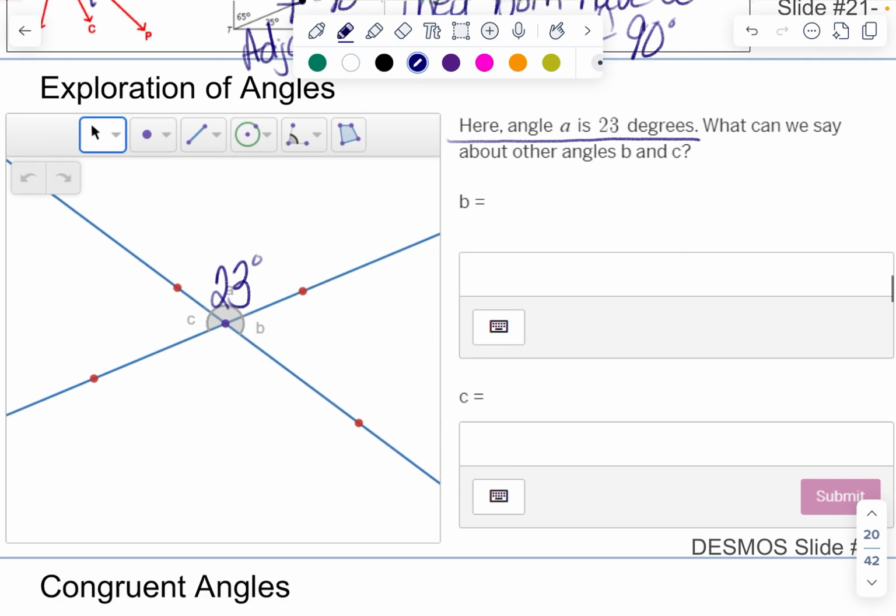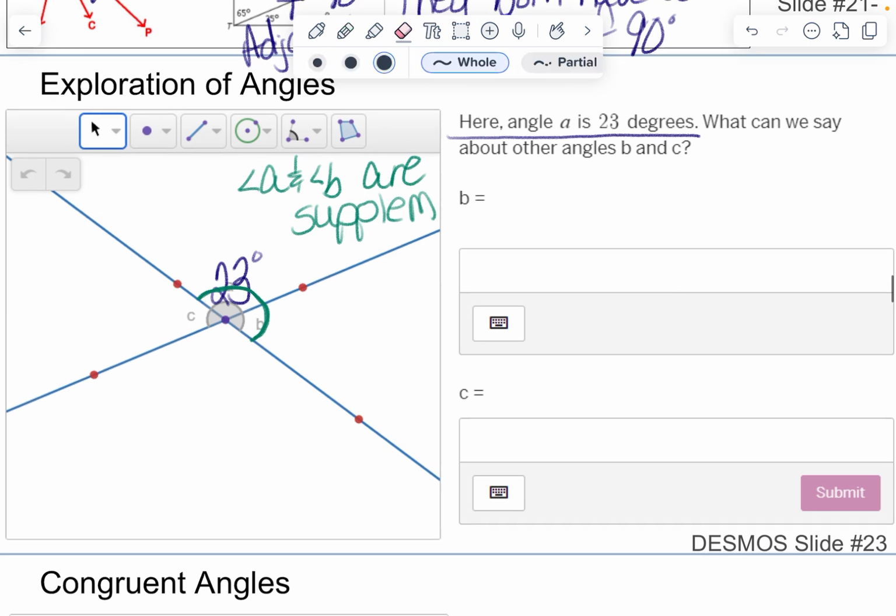First thing we can do is angle A. Look at here. Angle A and angle B are supplementary.